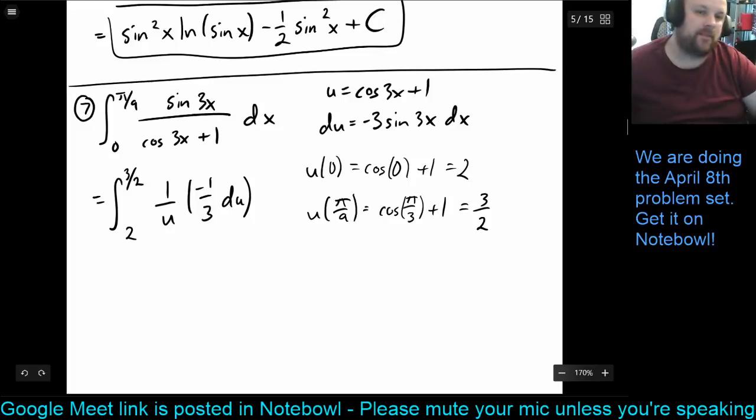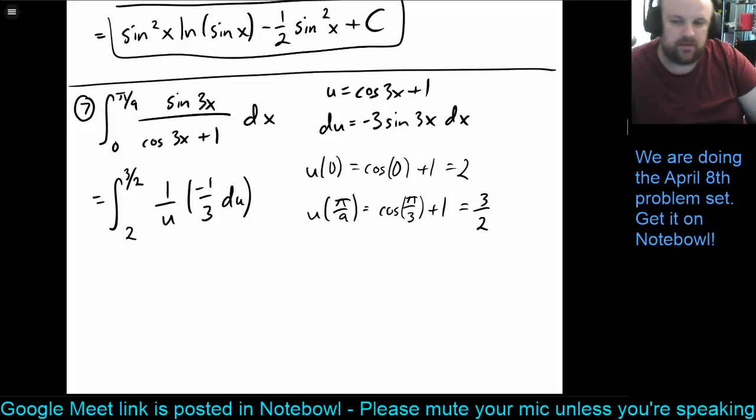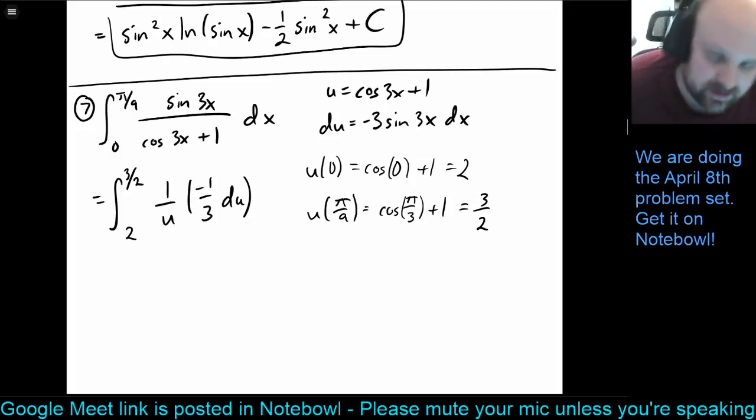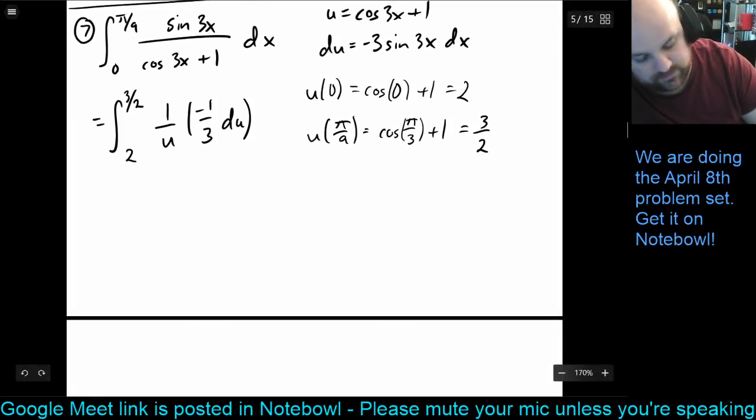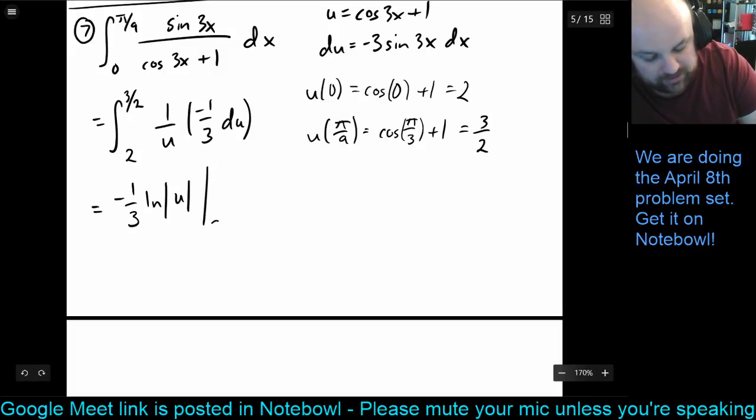Okay. All right. So let's integrate that. Negative 1/3. Integral of 1 over u is ln, absolute value of u. And we're evaluating this from 2 to 3/2.